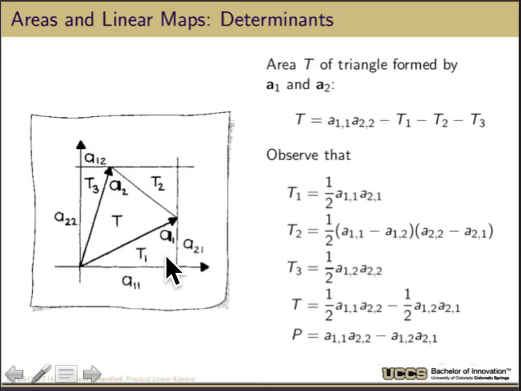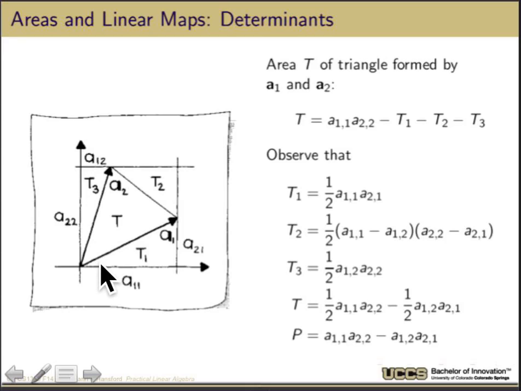The area of T1 is 1/2 A11 times A21. T2 is 1/2 this quantity, A11 minus A21, times A22 minus A21. Similarly, T3 is obtained by just looking at the geometry. It's 1/2 of A21, which is this side, times A22.